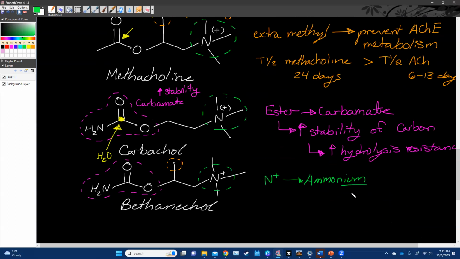Remember that the ium refers to positive charge. So here we're talking about a nitrogen with a positive charge, and a nitrogen with a positive charge is going to prevent absorption. We know that only neutral drugs can get absorbed.